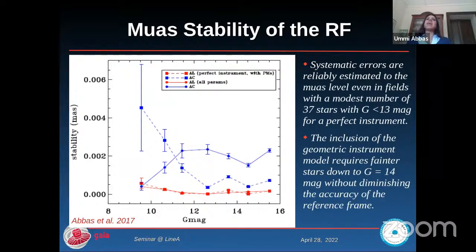Instead, across scan with higher errors is a little less precise, depends a little bit on the magnitude, but more or less we are still at the microarcsecond level, even in the across scan, sorry, the blue curves in this case. So we saw that we can get the microarcsecond level estimate with even a modest number of stars, just around 30 to 40 bright stars in this case.